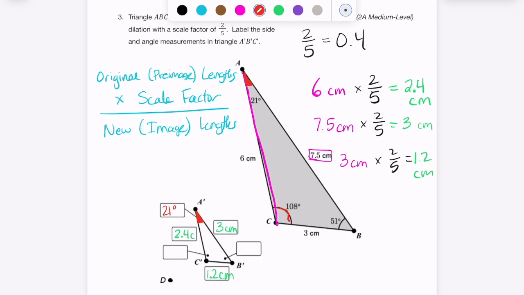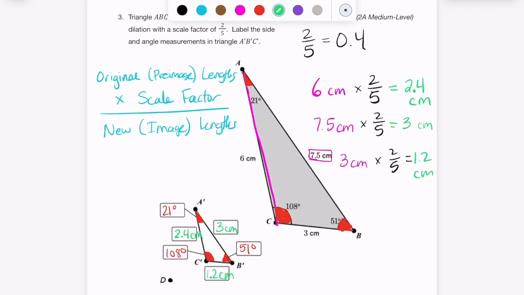Okay, this is 108 degrees, so that means this is also 108 degrees. And this is 51 degrees, so this is also 51 degrees. Okay, the angles stay the same. There you go.